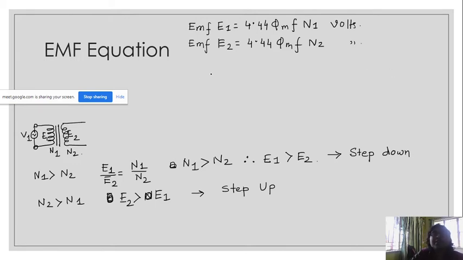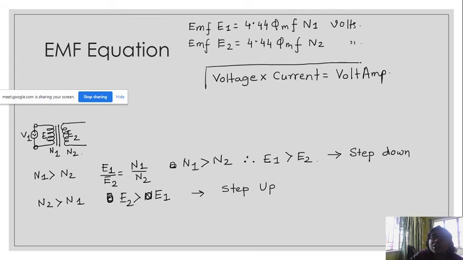So in a transformer, the voltage can step up or step down, but the voltage into current, the volt ampere, the apparent power, should be constant.